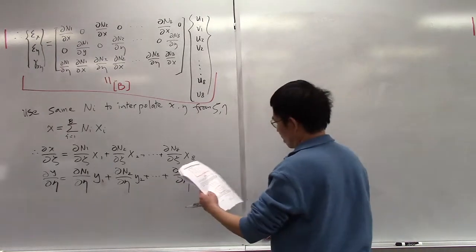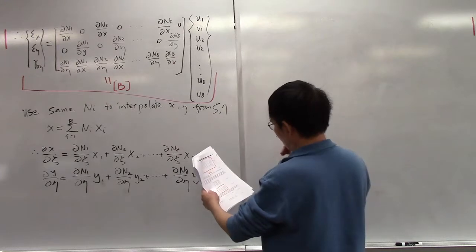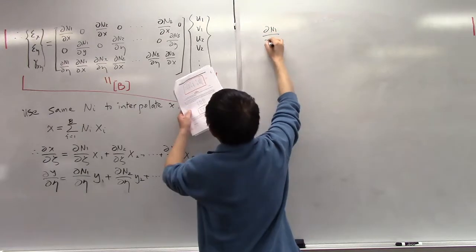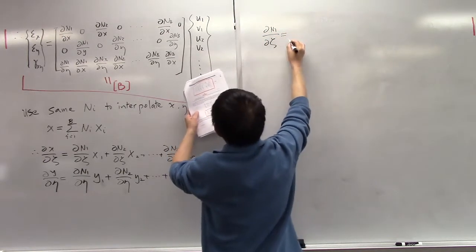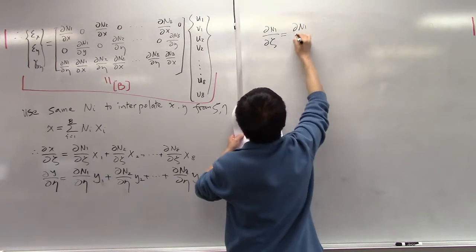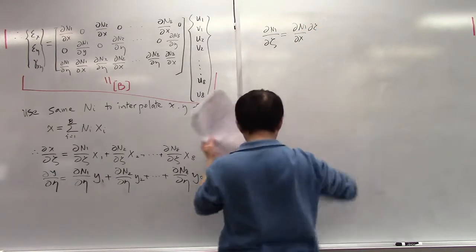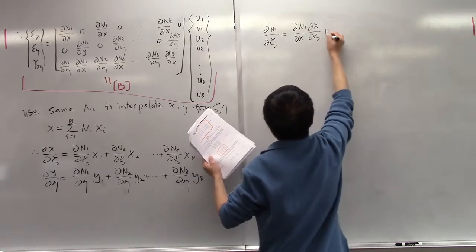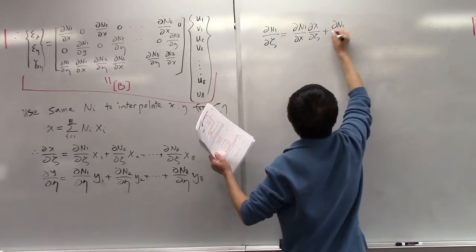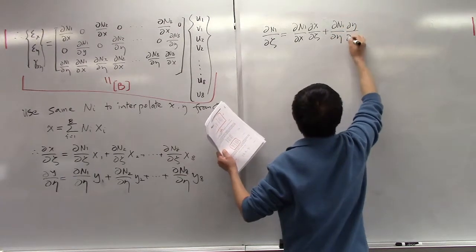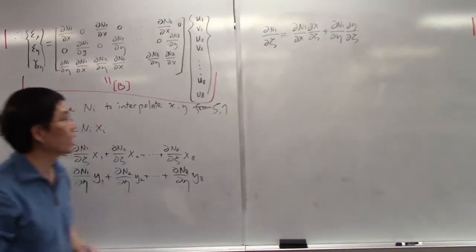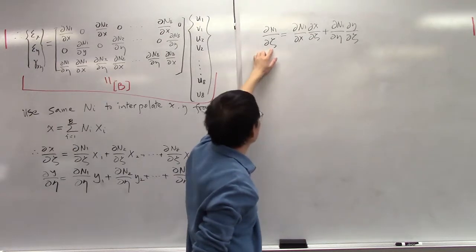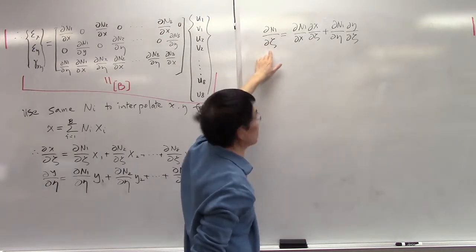And then the relationship between N1 and theta is this. Partial N1, partial theta is equal to partial N1, partial x, partial x, partial theta, plus partial N1, partial y, partial y, partial theta. This is the so-called chain rule. Okay? On the left side, we view N1 as a function of theta.